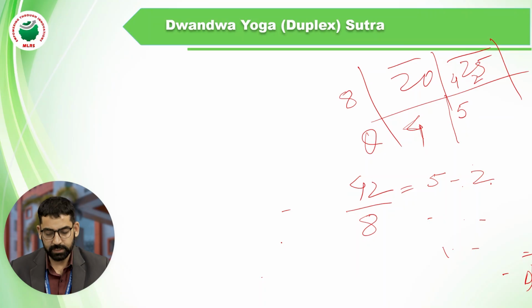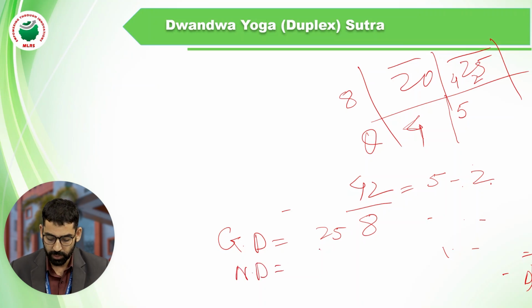Now what is this 25? You should remember again, this 25 is again a gross dividend. Now when we have again a gross dividend, how to find the net dividend? The net dividend equals 25 minus duplex of 5.